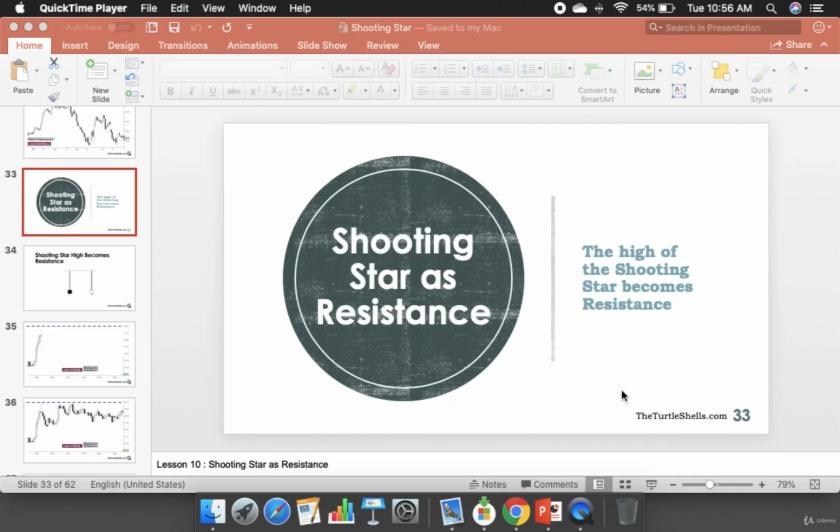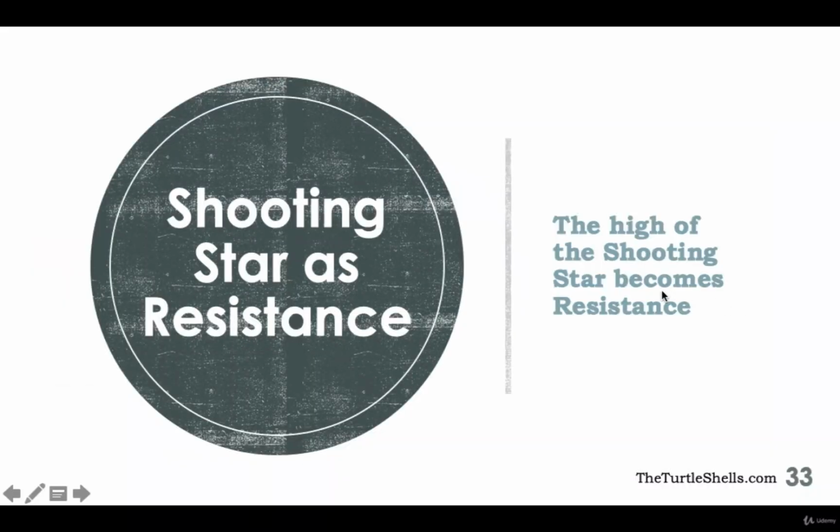Alright, now we look at the shooting star as a resistance. At least that is our focus in this video. We have looked at the 4 bullish patterns, where the hammer, the bullish engulfing pattern, the piercing pattern, and the morning star have become support. Similarly, in the 4 bearish patterns, the shooting star becomes resistance. The high of the shooting star becomes resistance.